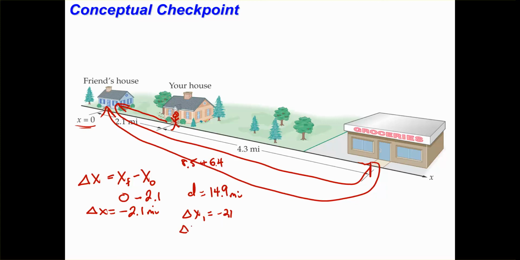The displacement for your second trip, where you go from your friend's house to the grocery store, is going to be 6.4 miles. The displacement for your third trip, or the grocery store back to your friend's house, is going to be negative 6.4 miles.